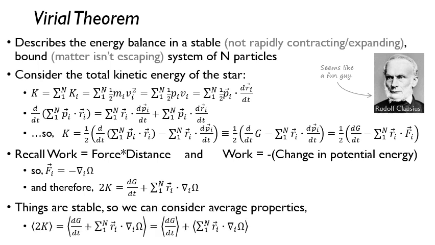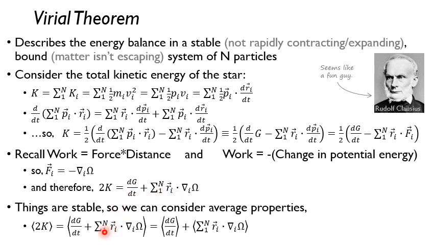So now we're going to consider the average properties over time. So we're taking the time average of the kinetic energy here. The 2 can pop out, of course, but I have it inside there. The time average of kinetic energy is the time average of this quantity that we showed is equal to 2 times the kinetic energy.